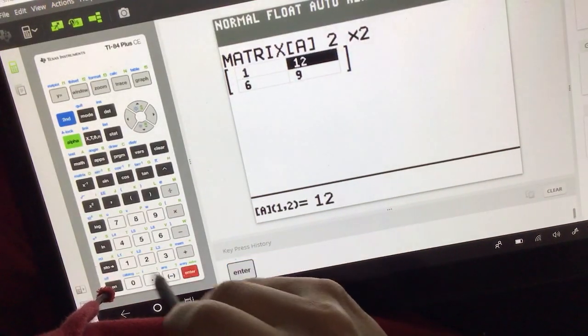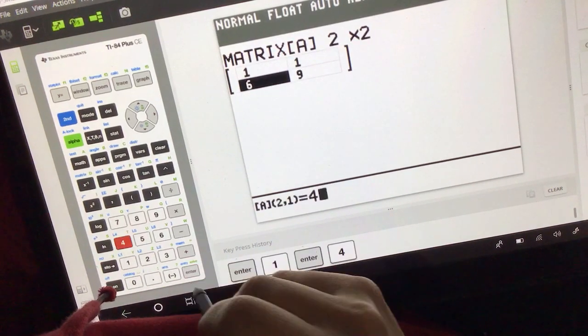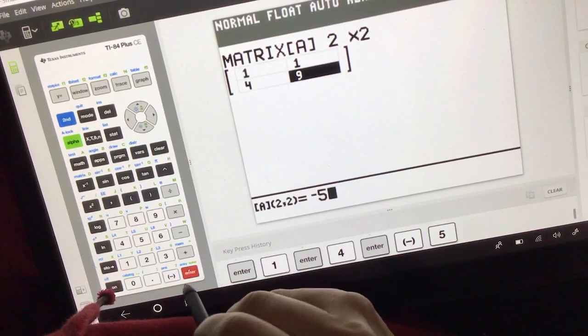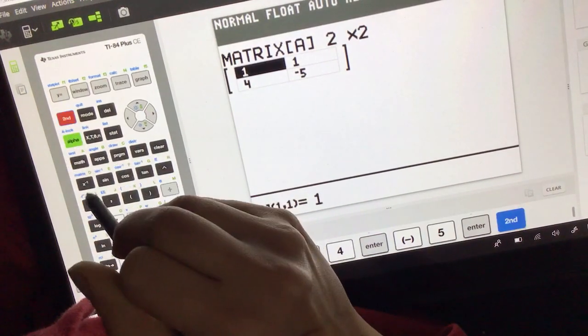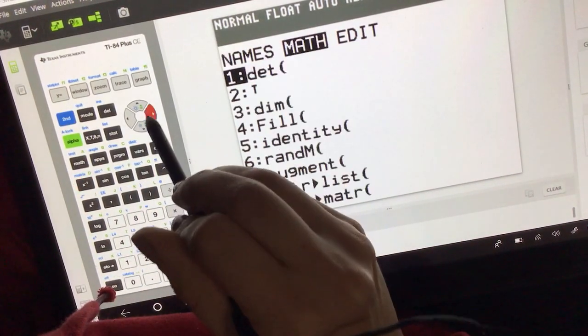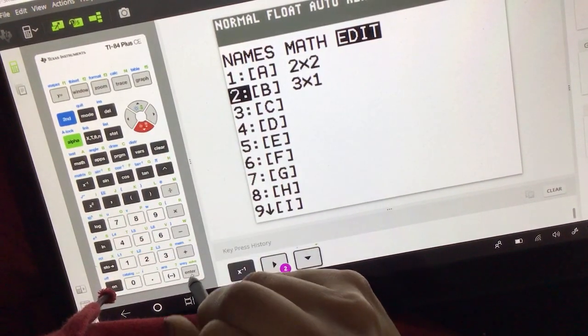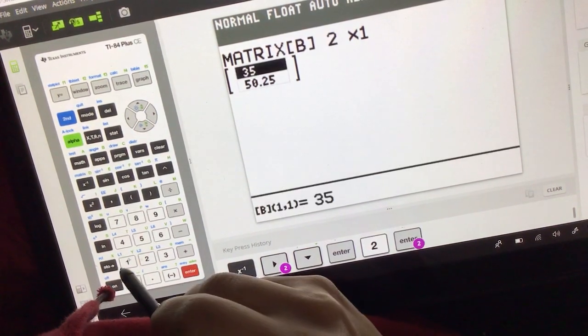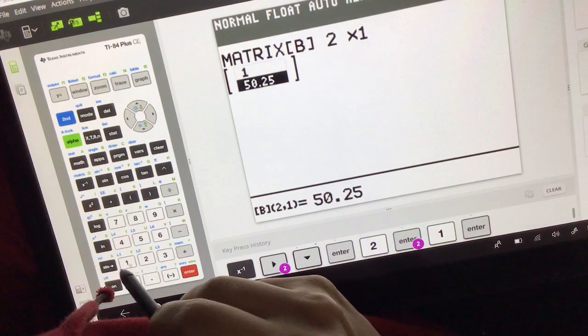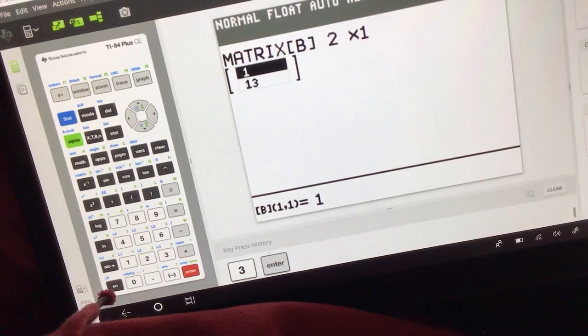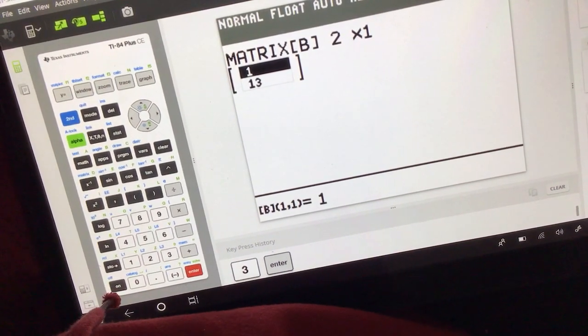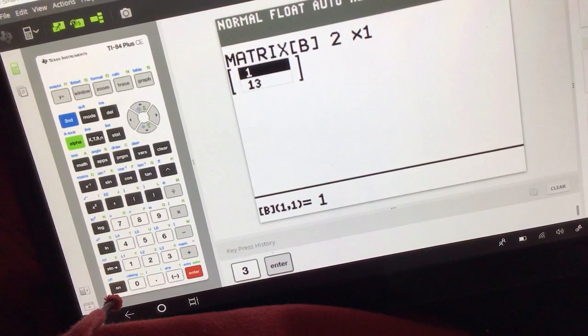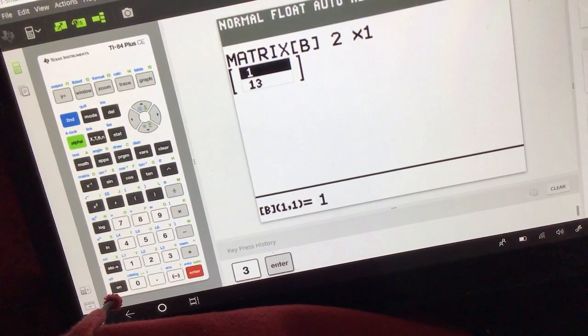We have 1, 1, 4, negative 5. Now go back to matrix again and edit matrix B. We want this to be a 2 by 1. And our values are 1 and 13. So make sure you have matrix A and matrix B plugged into your calculator.